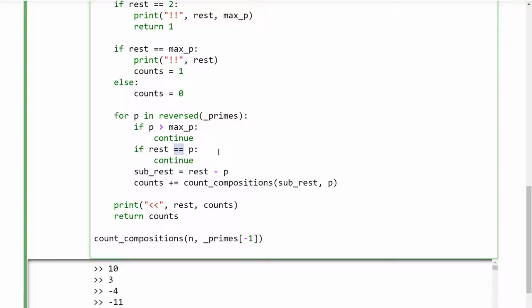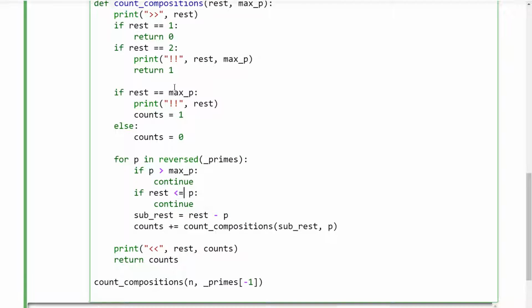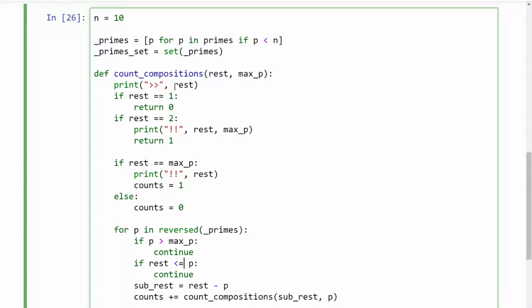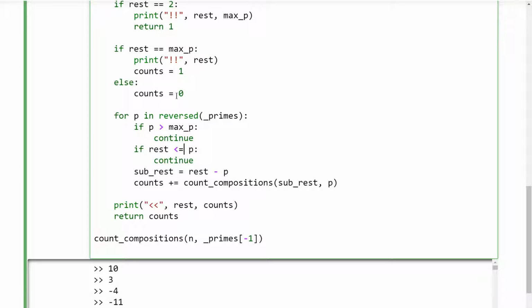Okay, well, we're starting from the larger primes. Yeah, we're starting from the larger primes.